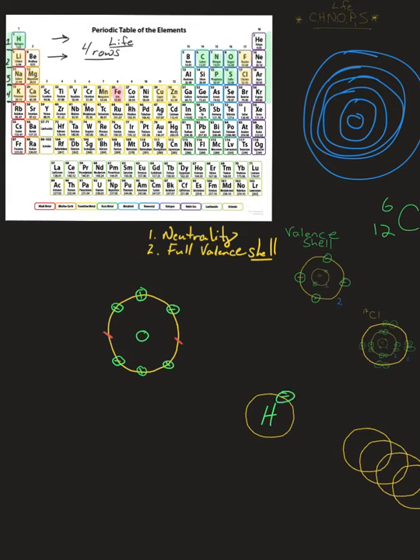How many does it want? Now, if you follow the octet rule, you'd say 8. Except that if you paid attention to what I said earlier, hydrogen's an exception. It's in the first row. It only needs 2 electrons because the first shell only needs 2. And this is the first shell. How do I know it's the first shell? Because it's in this row, you see. So this is 1 electron in the outer shell.